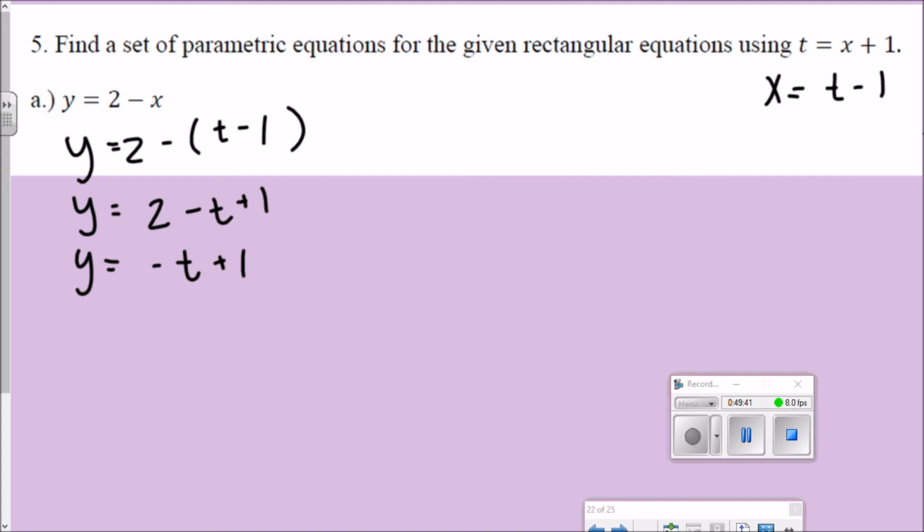Oh, that should be plus 3, shouldn't it? Yes. Okay, so now I have this, and that's finished. Those are my two parametric equations.